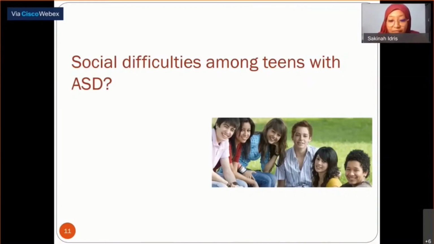They might also have problems in behavior and emotion regulation. Another reason is that the behavior might appear a bit impulsive, meaning they don't think before they act. They just do something they think is okay, but it is not okay from their friends' perspective.